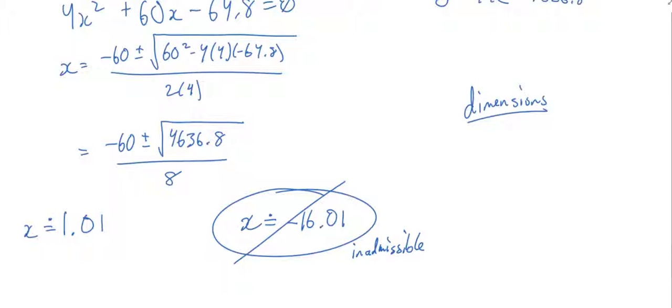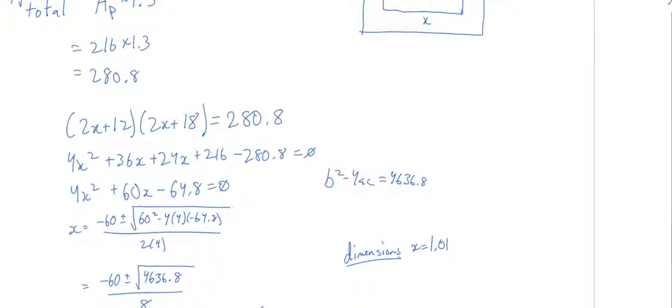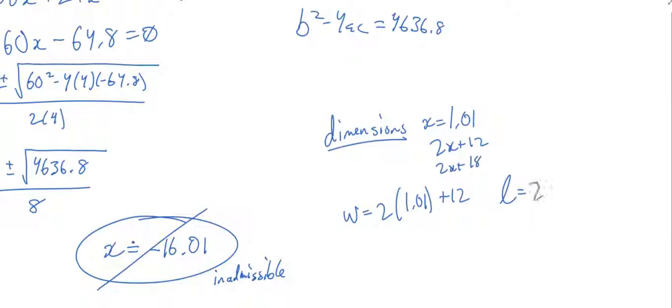So I'm going to come off the side here, find the dimensions. X is 1.01. And my dimensions were 2x plus 12 and 2x plus 18. So my width will be 2 times 1.01 plus 12, and my length will be 2 times 1.01 plus 18.